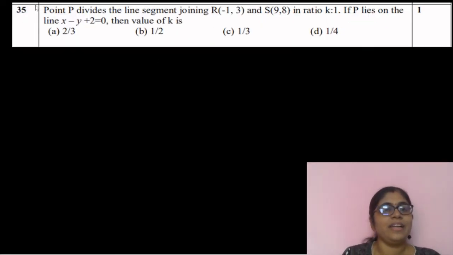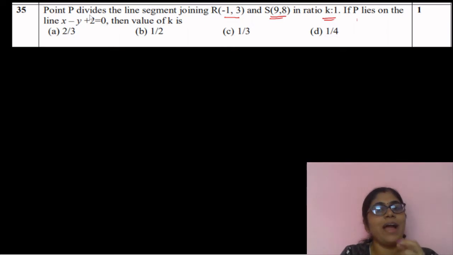Now 35. Point P divides the line segment joining R (1, 3) and S (9, 8) in the ratio K is to 1. If P lies on the line X minus Y plus 2 equals 0, then find the value of K. So we can find the point P which is dividing the points R and S in the ratio K and 1.